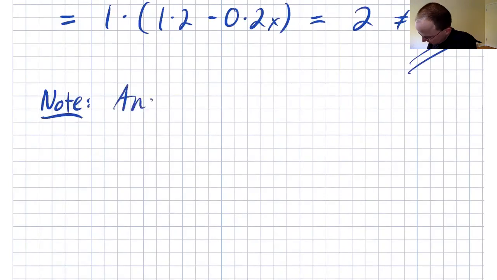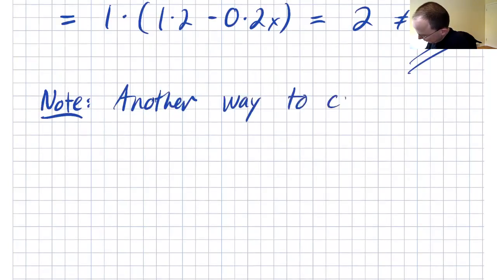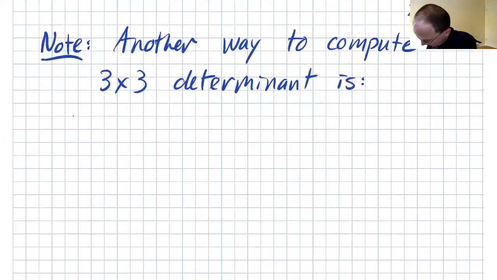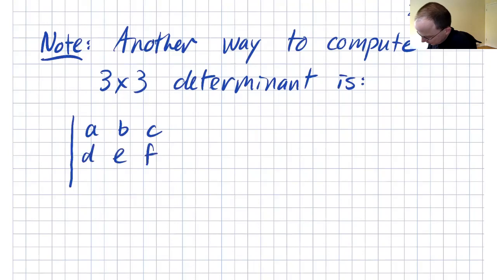So another way to compute a 3 by 3 determinant is like this. Imagine we have A, B, C, D, E, F, G, H, I. What is this determinant?